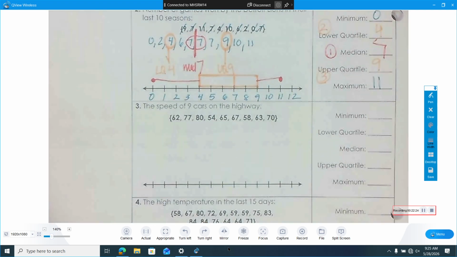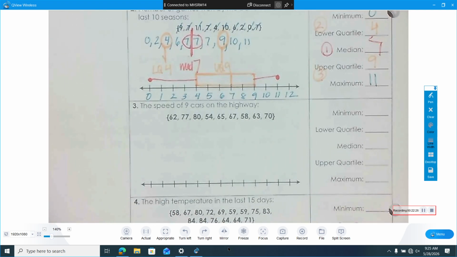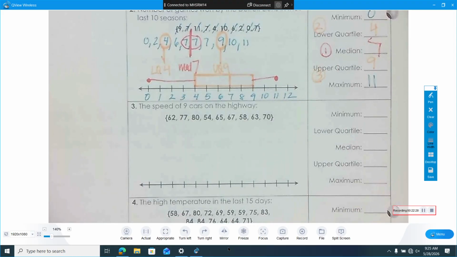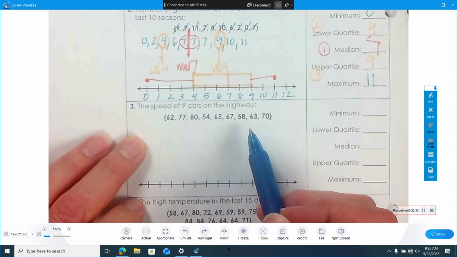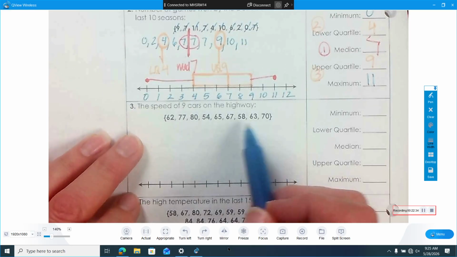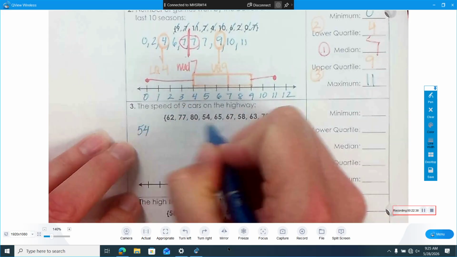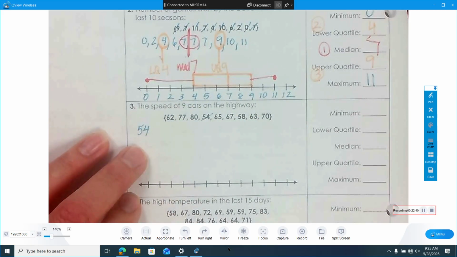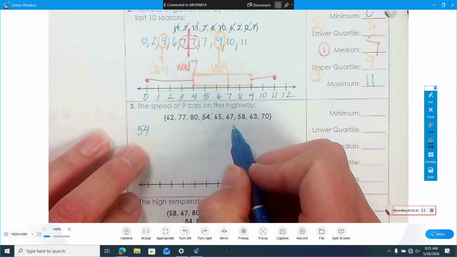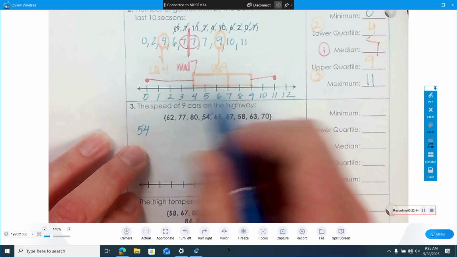Let's try just one more, just to make sure, because it can happen so many different ways. We'll just do number 3, and then we're going to answer a couple more questions at the bottom. All right, this is the speed of 9 cars on the highway. Always interesting. I want to organize my data. So it looks like 54 to start. Then what? 58.